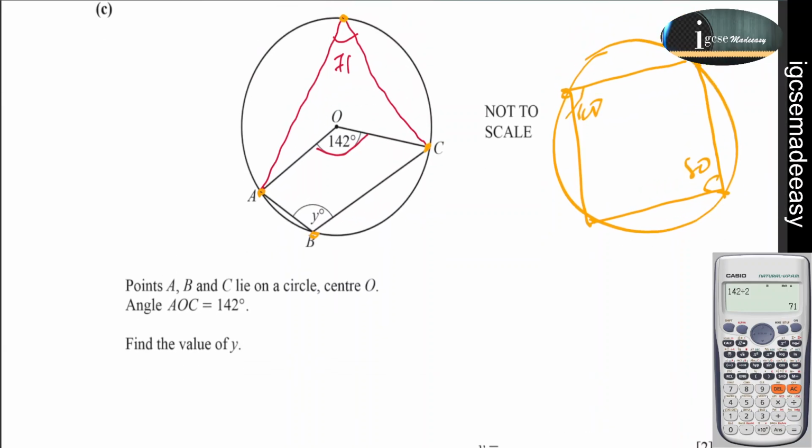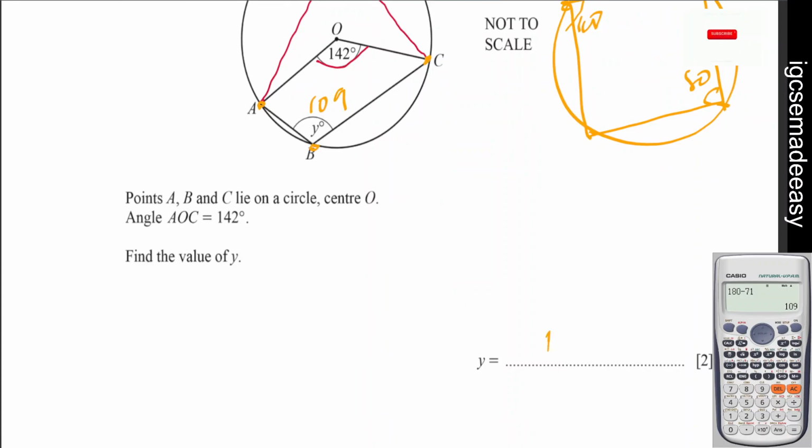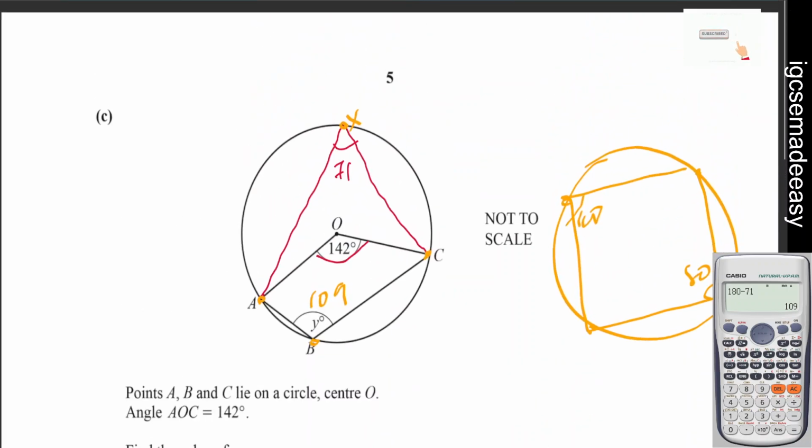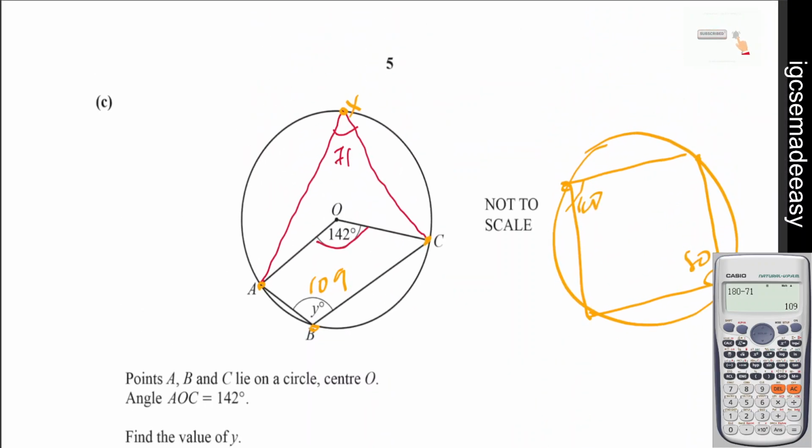So opposite angle sum will be 180. Let's say this angle is x. So angle x plus angle B should be equal to 180. So we subtract 71, 180 minus 71, to get the answer 109. So angle Y will be 109. Let's move on to the next part.